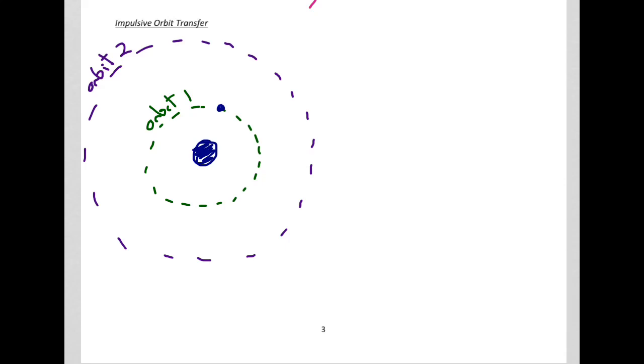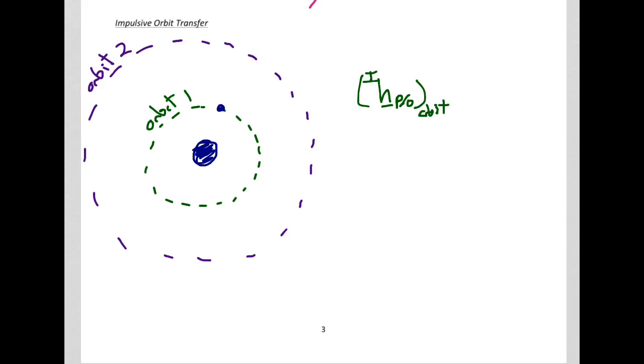And so we want to be able to fire our thrusters in order to make those transfers. What we're going to do is apply 2 angular impulses to make that happen. Remember that when we're in orbit 1, our angular momentum is conserved.